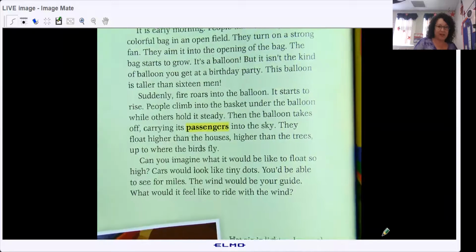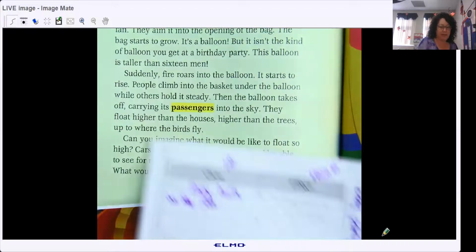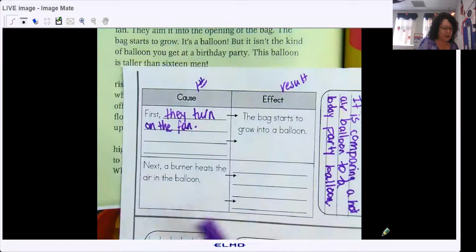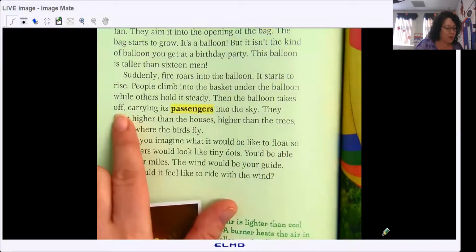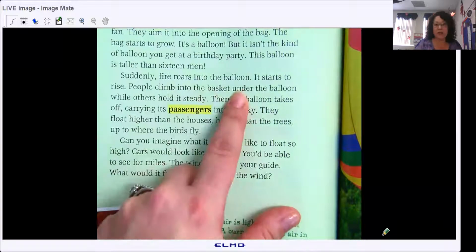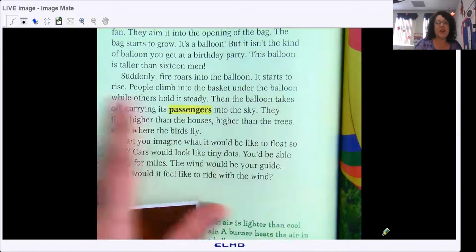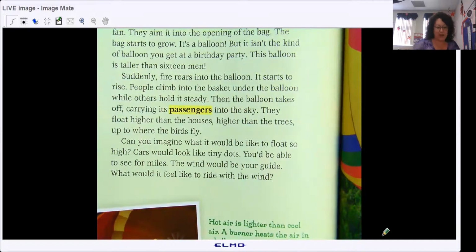So what was the result of the burner heats the air? What is the result? Fire roars into the balloon. It starts to rise.